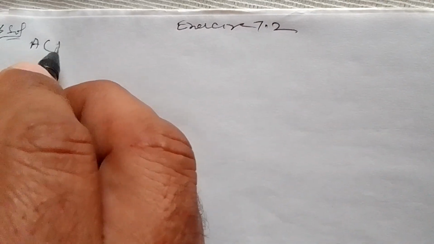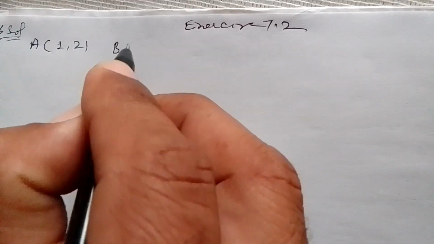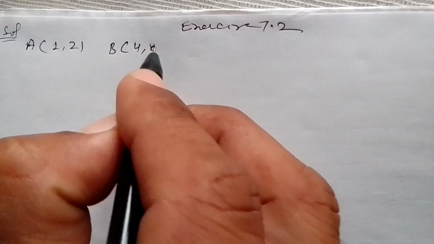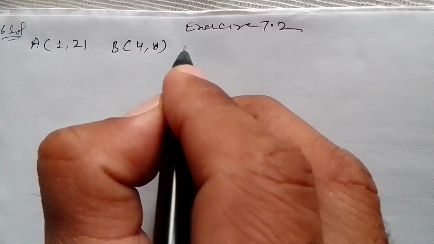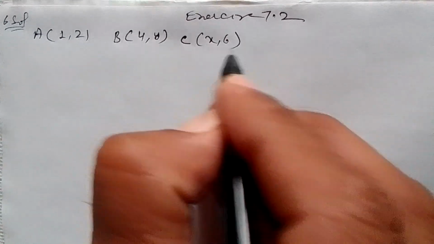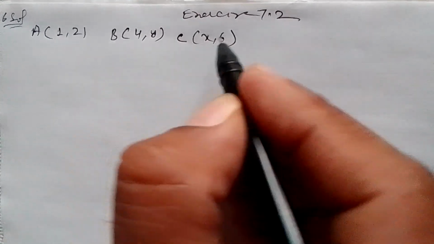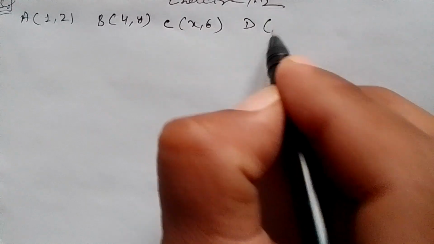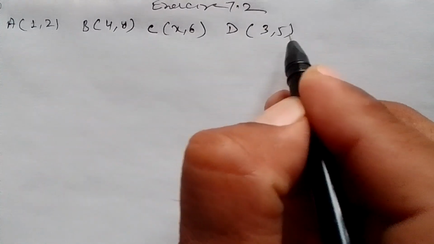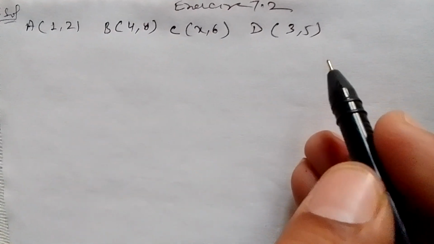Let the coordinates of the points be A (1, 2), B (4, y), which we have to calculate, C (x, 6), where x we have to find, and D (3, 5). These are the coordinates of a parallelogram.